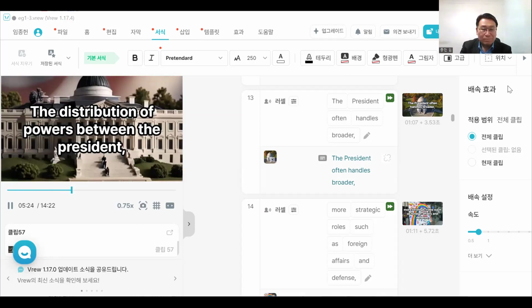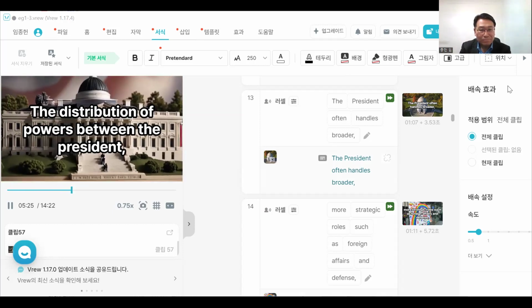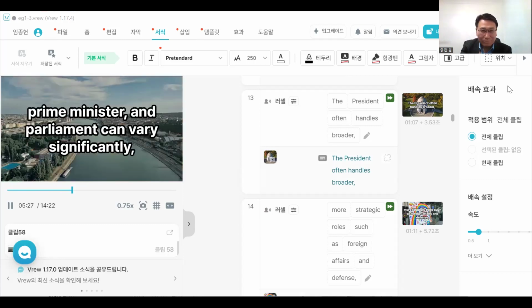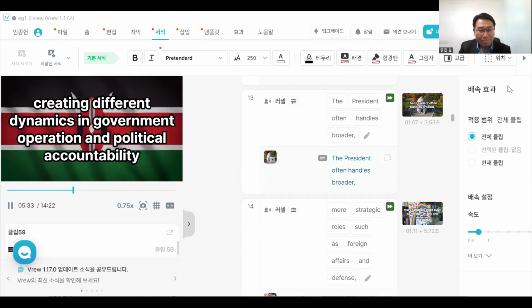The distribution of powers between the president, prime minister, and parliament can vary significantly, creating different dynamics in government operation and political accountability.